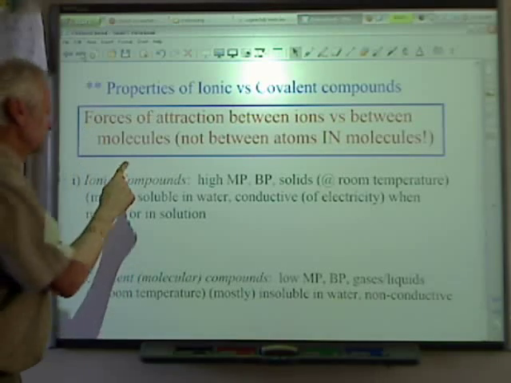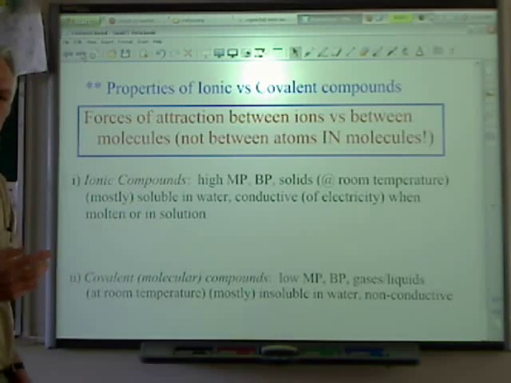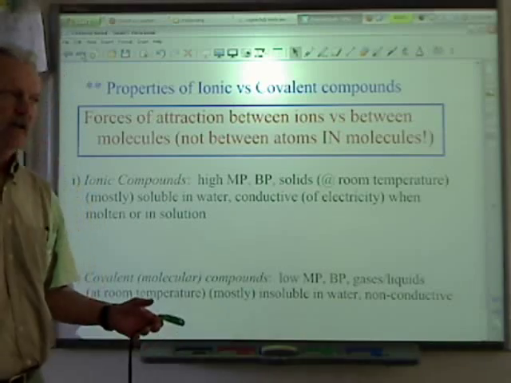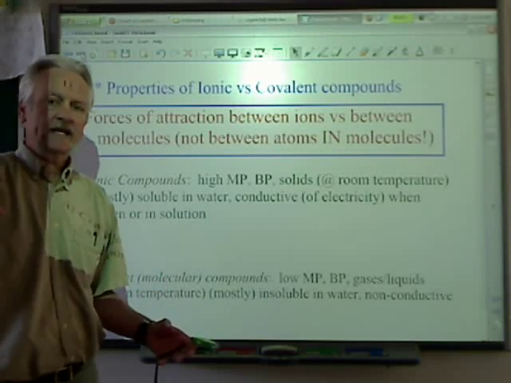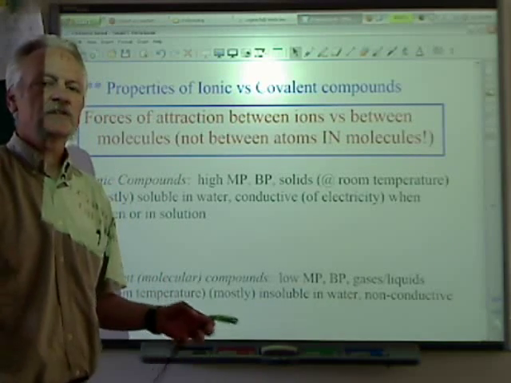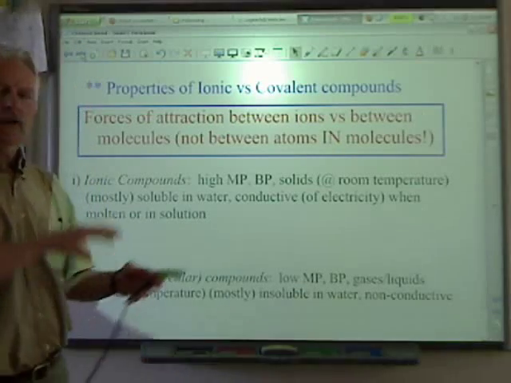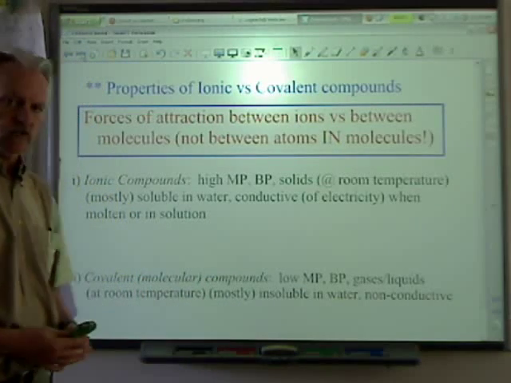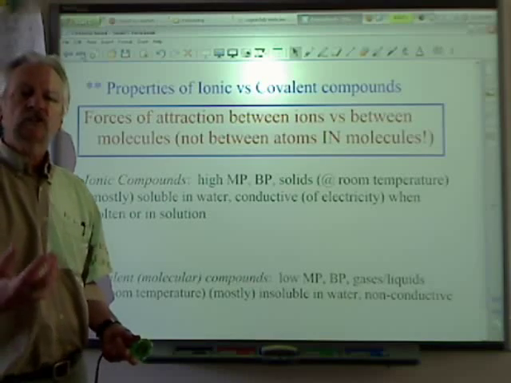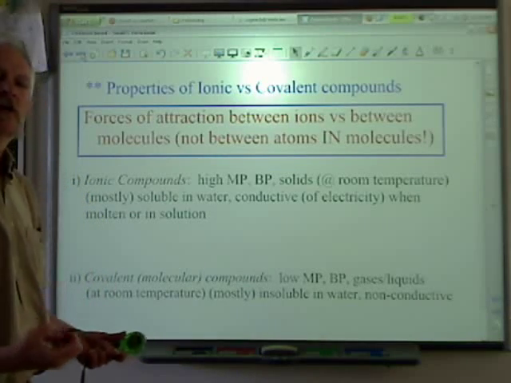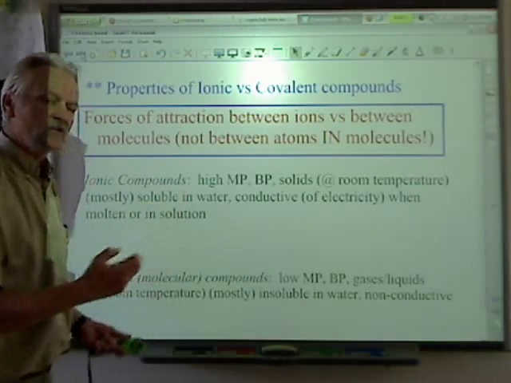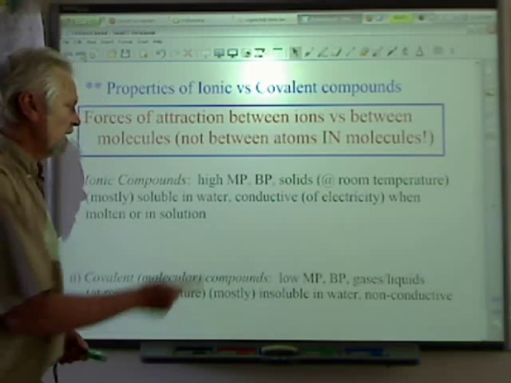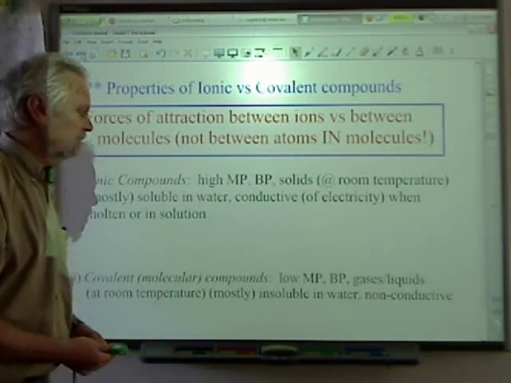For example, in ionic compounds, we have that lattice energy. We have that enormous electrostatic attractive force between positive and negative particles operating throughout the crystal structure. And because that force is so large, all ionic compounds are solids at room temperature, and they all have high melting points and boiling points.